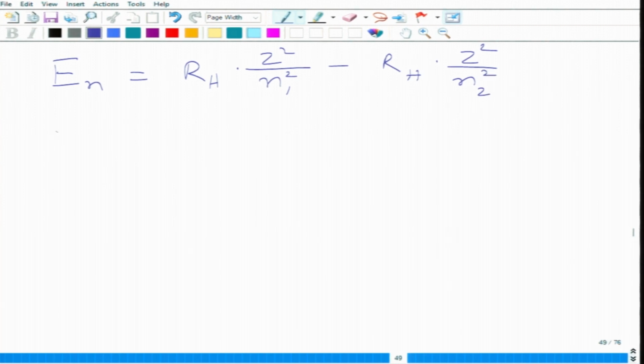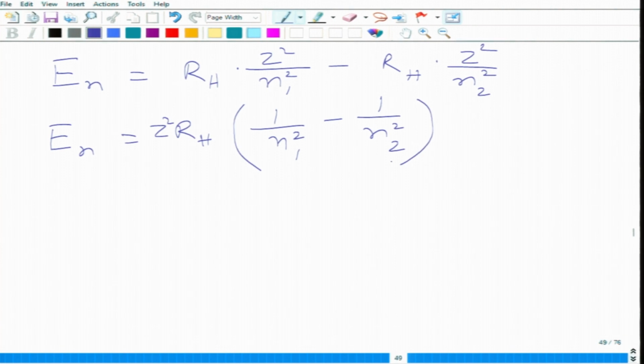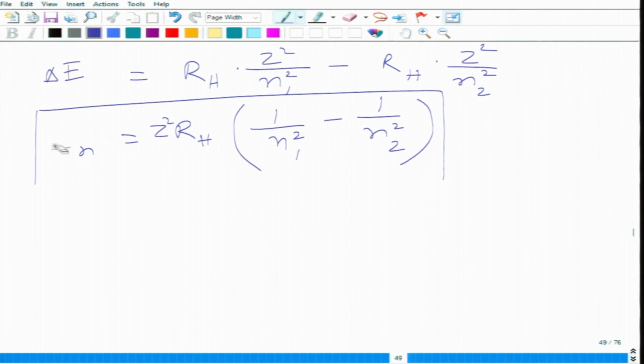Now if we take RH and Z squared as common, then we can write 1 by n1 squared minus 1 by n2 squared. So this is delta E. This is the formula for the difference in energy levels.